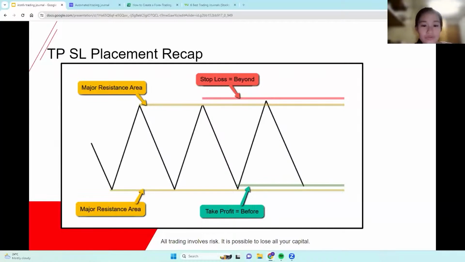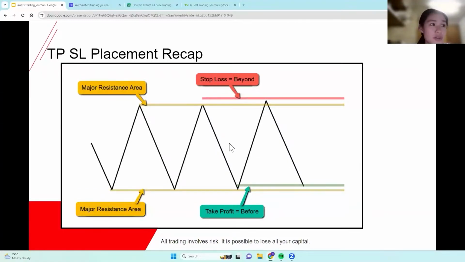Okay, so for your take profit and stop loss levels, it's important to place your stop loss beyond a key confluence level, or if you look here, a key major resistance level.